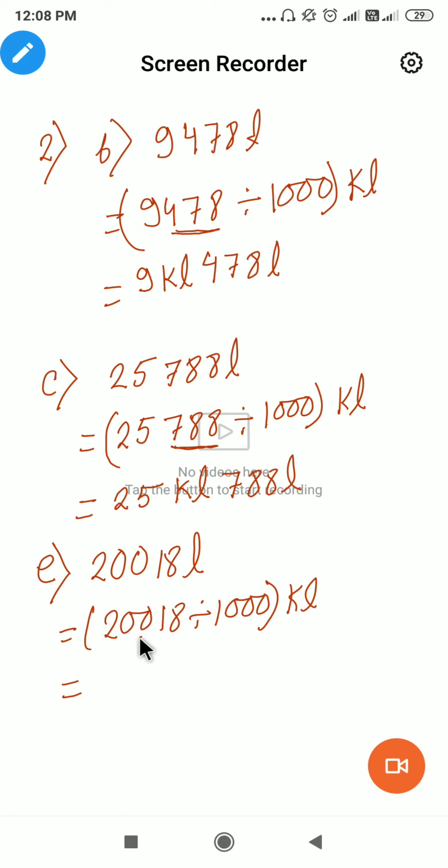That means you have to hide 3 digits from the end. So what are you looking at now? 20 is left in the left hand portion. That means 20 kiloliter and the hidden number is 018. What is the meaning of this? This means only 18 liter because there is no value for the 0 in the front here. So this is only 18 liter. Thank you.